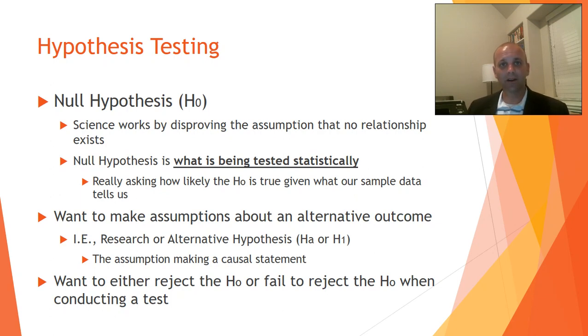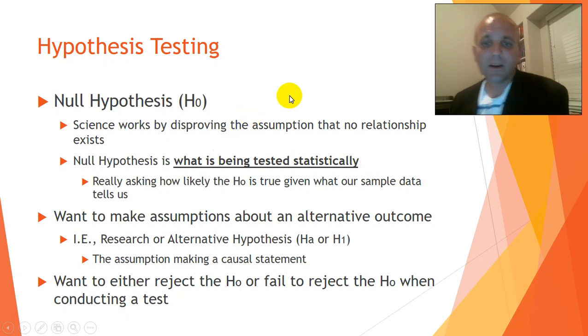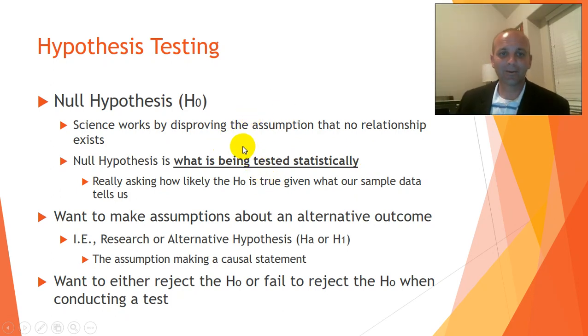All that stuff, right? Until somebody tested it and then proved that, look, no, I can drive my boat completely around this whole thing, right? And then there's a paradigm shift and all that type of stuff, but that's a philosophical debate, or a philosophical lecture essentially. Null hypothesis is what is being tested statistically.